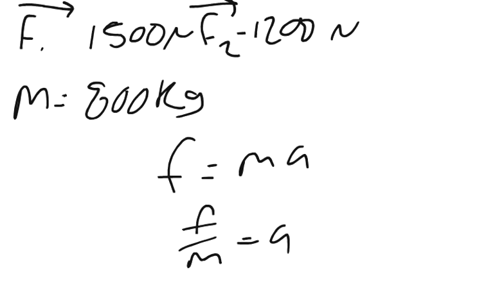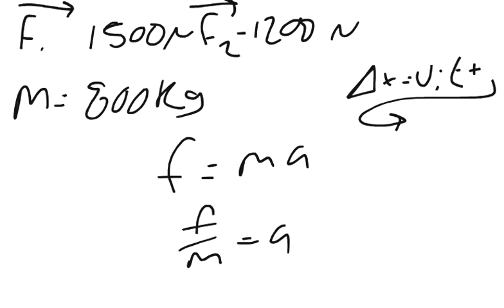And then in part B, it says, if it starts at rest, how far will it move in 5 seconds? Well, the change in distance, the change in x, equals the initial velocity times time, plus 1/2 of the acceleration times time squared.